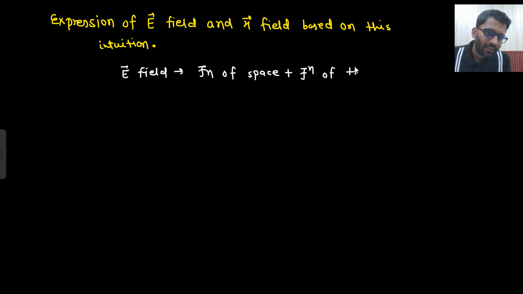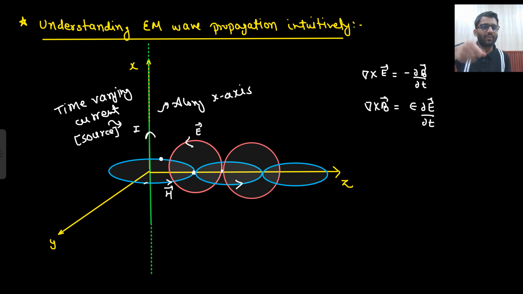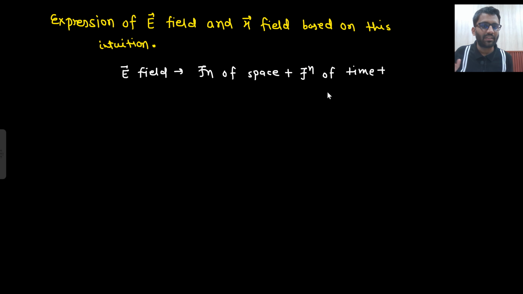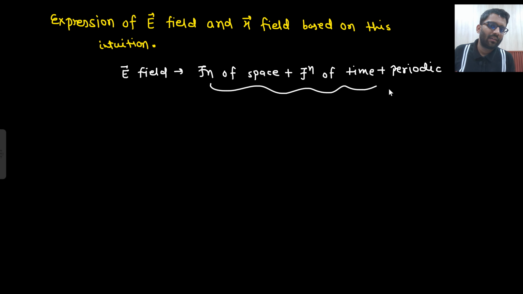Yes. Is it periodic in nature? Yes. E produces H, H produces E, and so on. Is this periodic in nature? Yes. If all three conditions are satisfied, then what is this? Time harmonic field.